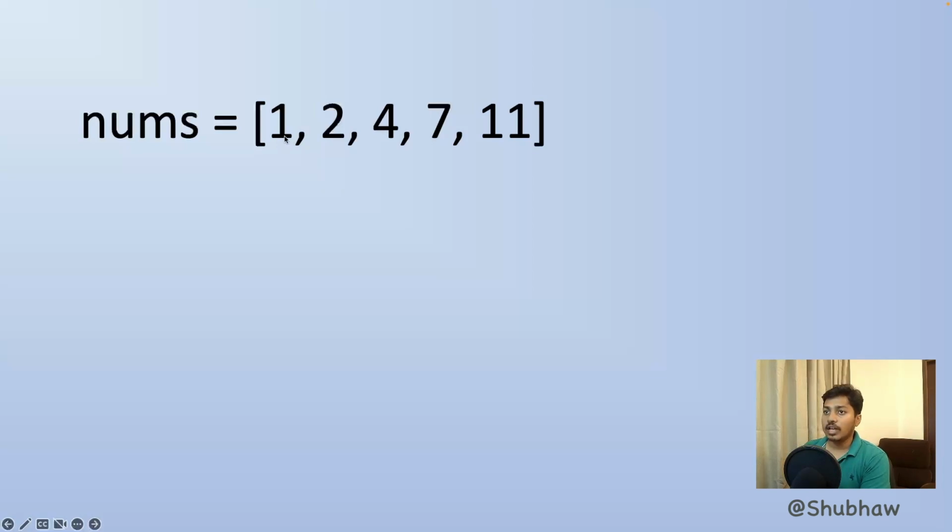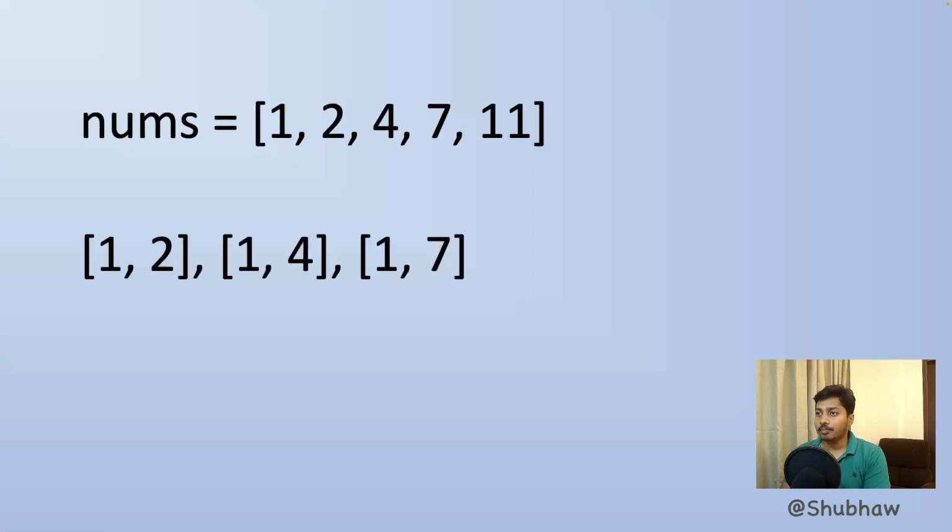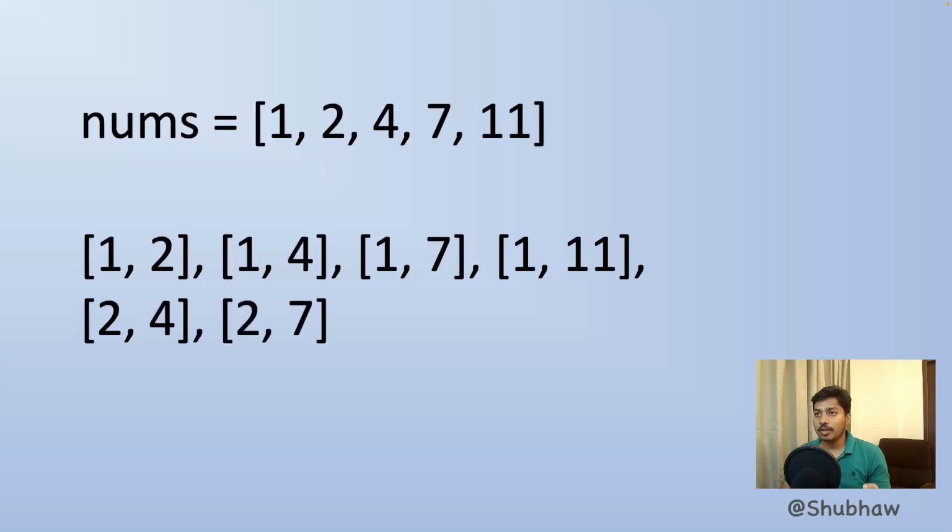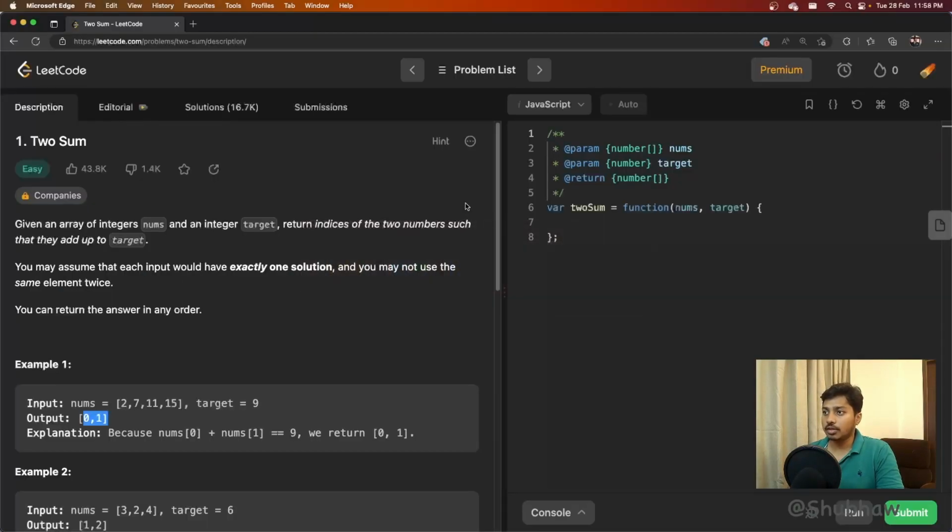So if we have each of the pairs like 1, 2, 1, 4, 1, 7, 1, 11, and so on, somewhere we will have one pair, 2, 7, which will be our answer. So this looks like a good approach. This might not be the best approach, but we can start with this. So this can be our first solution.